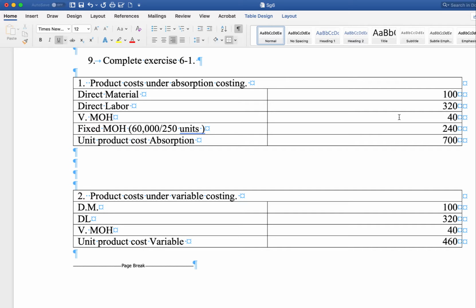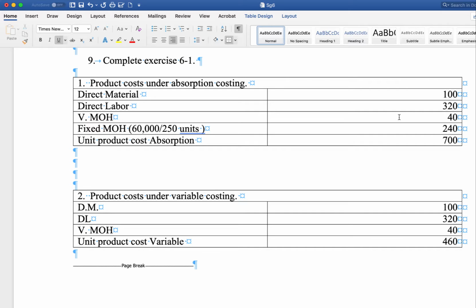So if you're ever asked, how do you calculate fixed manufacturing overhead? Well, that's easy. You take the fixed portion of manufacturing overhead, which they're going to give you, and you divide it by the number of units produced during the period. I'm going to say that again because that's really important: the number of units produced during the period.